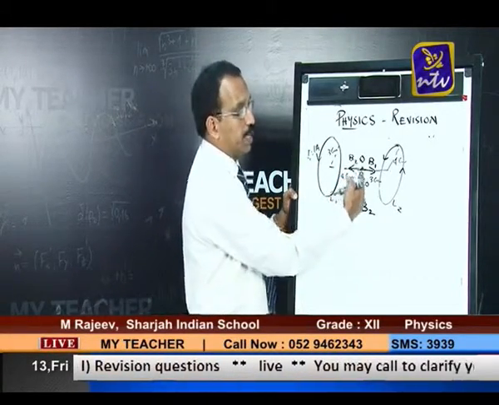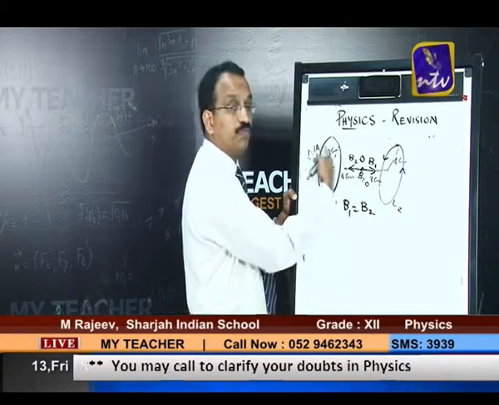Alright, so how do you write an expression for B1 here? B1 is the magnetic field due to the first coil.